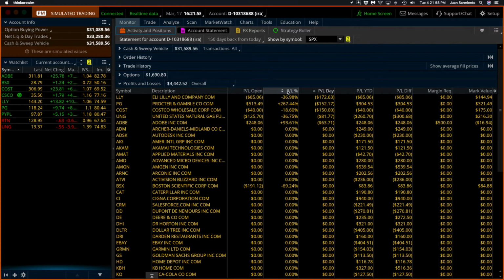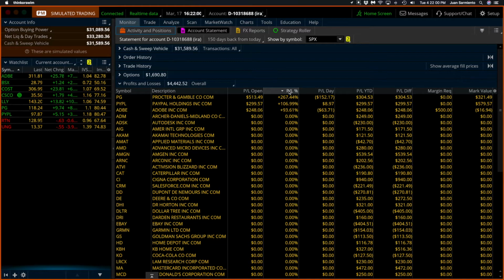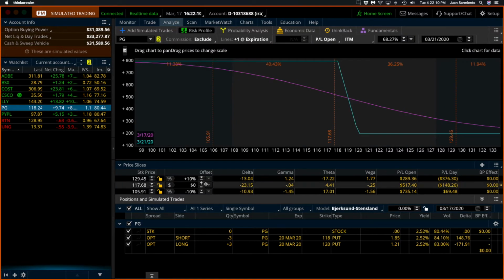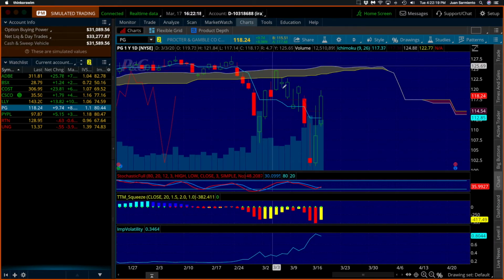Let's click here on P&L since the opening, and we have Procter & Gamble, PG, right there. It bounced today rather strongly, and the stock is trading here. Let's take a look at the chart. Yeah, it bounced really strongly, huh?